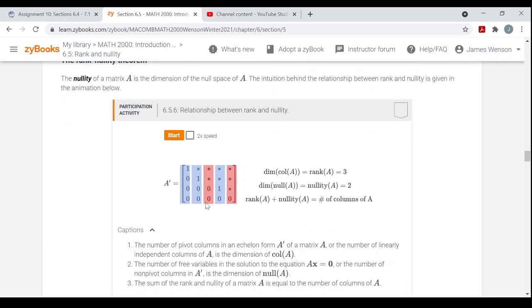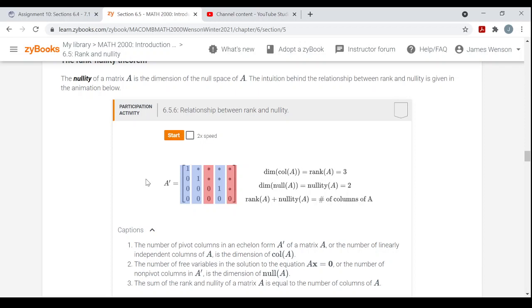And I did point this out in the last video in section 6.4, that when you put matrix A into reduced echelon form, the number of free variables, the number of non-pivot columns, columns without pivots, ended up corresponding to the dimension of the null space.